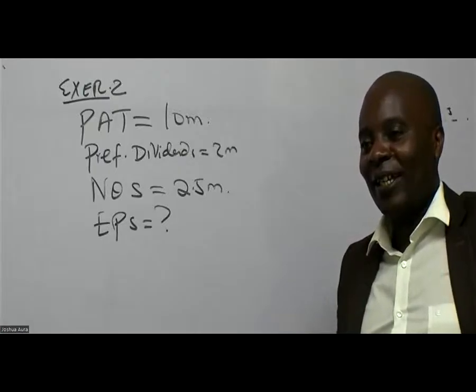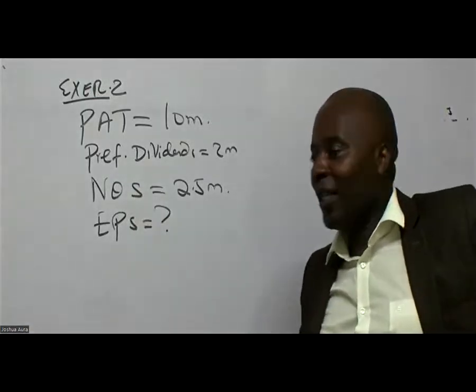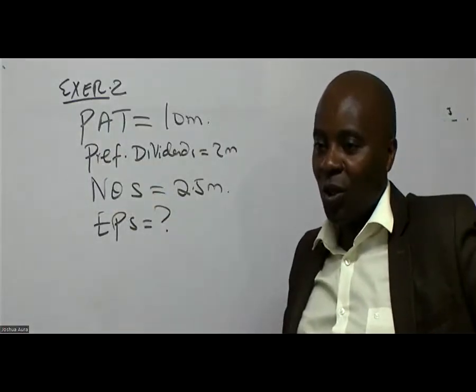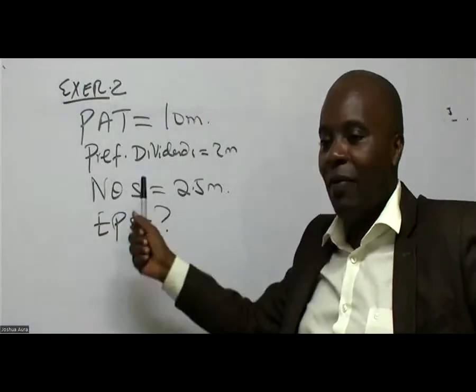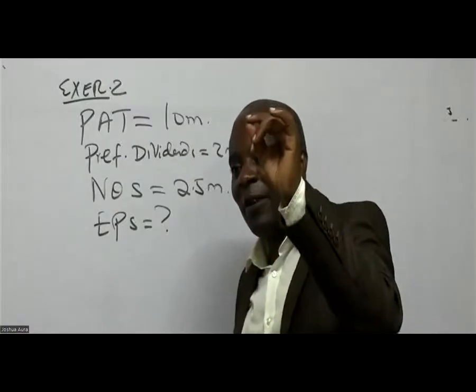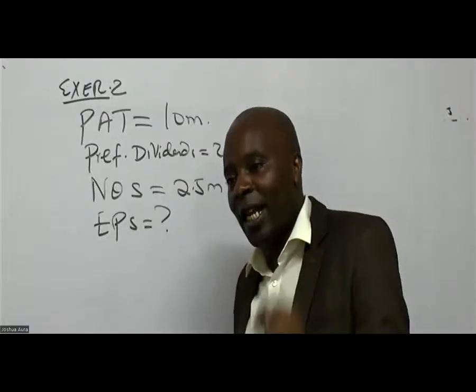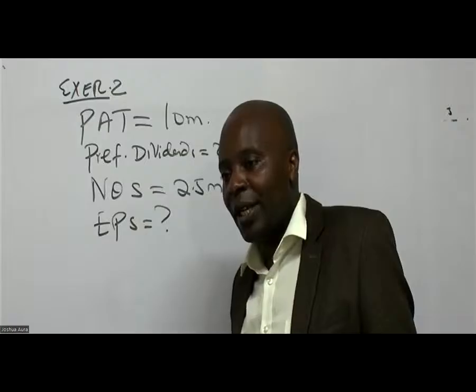So they've given us preference dividends, profit after tax, and a number of ordinary shares. Whenever you see NOS, be it in advanced FM or advanced FR, NOS stands for number of ordinary shares.